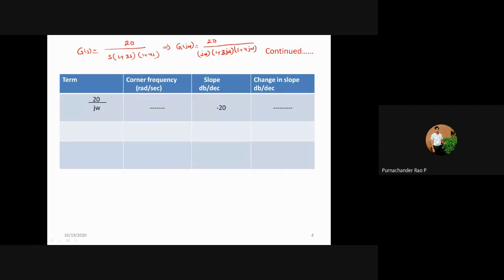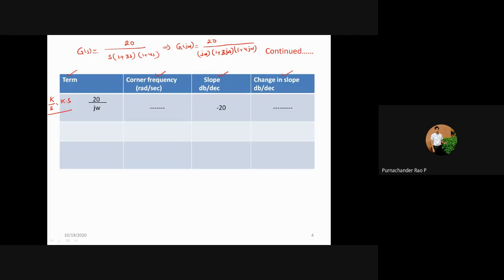Now, whenever you are drawing the magnitude plot, this should be the table you have to make. Always. This is a fixed table. The first row includes the term, corner frequency, the slope, and the change in slope. As a first step, we need to take up the function k by s or k into s terms.